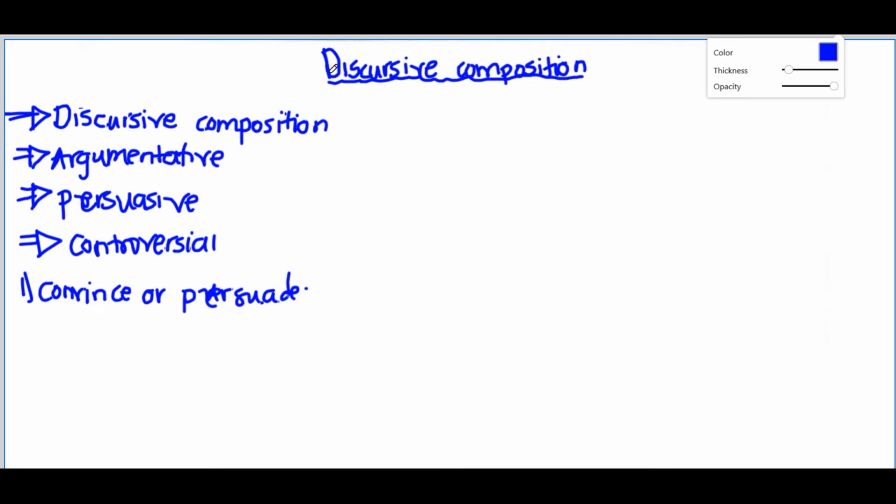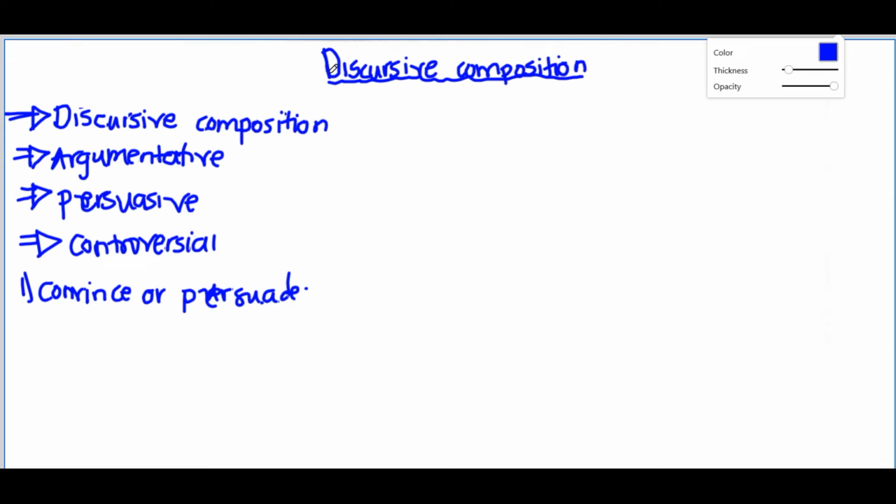The writer's opinion tries to make the readers agree with it and change their opinion. So your focus is you want to change somebody's opinion, and you want them to take an action. You want them to take your side. You want them to see that what you are saying, or your side, is true.